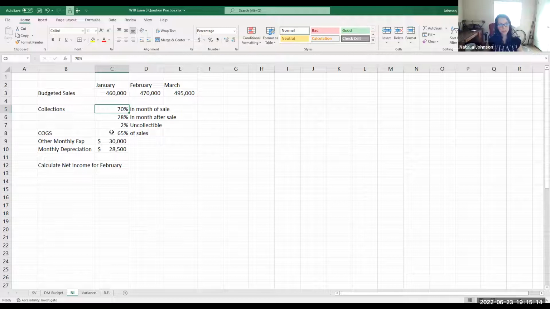The cost of goods sold is 65% of sales. And there are other monthly expenses of 30,000 and monthly depreciation of 28,500. So try to calculate the net income for only February.